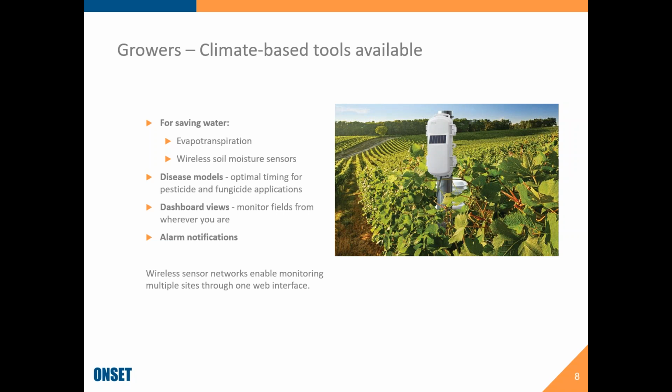There are many disease models which help tell you the optimal timing for when to apply your pesticides and fungicides. Dashboard views can give you a big picture of what's going on in your different fields and figure out which fields need your attention the most, as well as alarm notifications to let you know if there are critical conditions such as frost happening. You can get out there and respond.